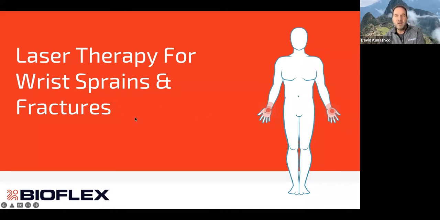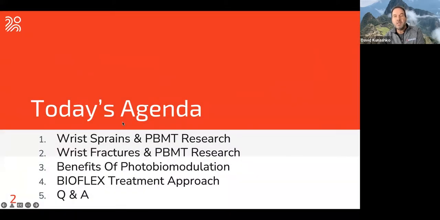So today's is on wrist sprains and fractures. I will talk a bit about the anatomy, etiology and epidemiology of both wrist sprains and fractures, and offer a couple of bits of photobiomodulation research on those topics. Then I'll talk about how photobiomodulation can help heal, whether it's a fracture or a ligament injury.